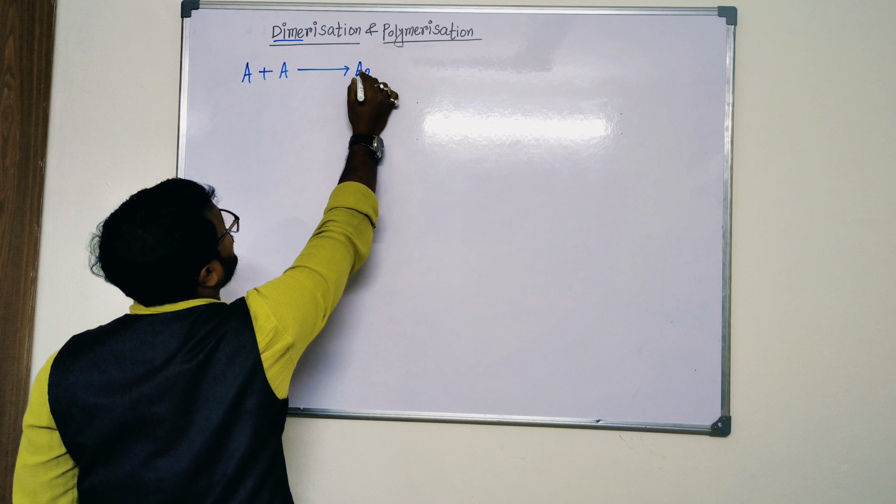So another condition is that the tendency to form back bond should be low or less. What is back bonding? In the next video you will get what back bonding is. I'll discuss it in detail.